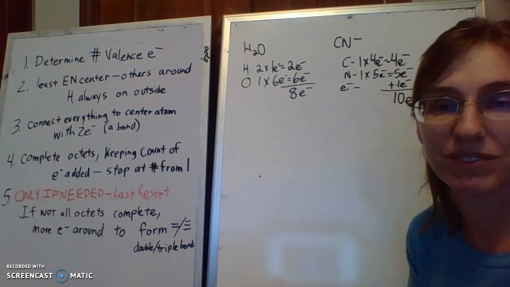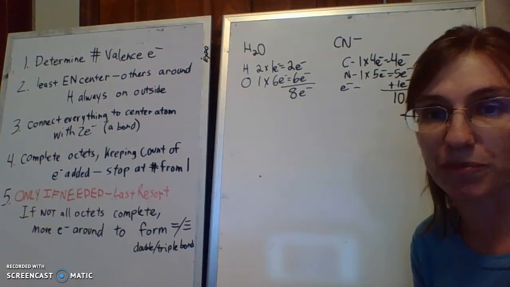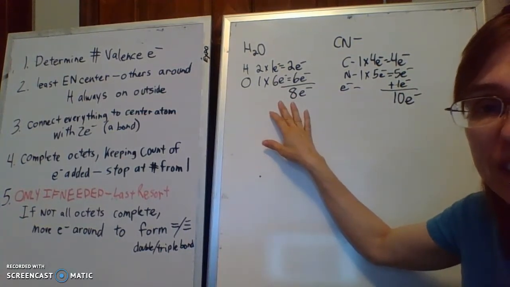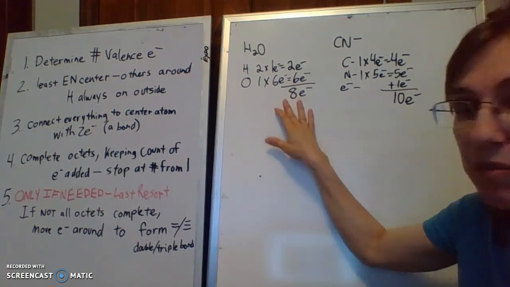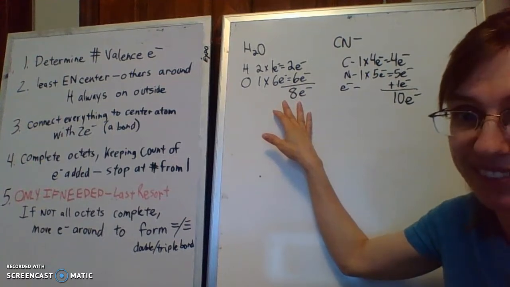And they don't know. Well, if you don't know where to stop, you can't do the Lewis dot structure. So know how to figure out how many valence electrons there are in any particular atom. That's the number of dots you're going to have in your structure. No more, no less.